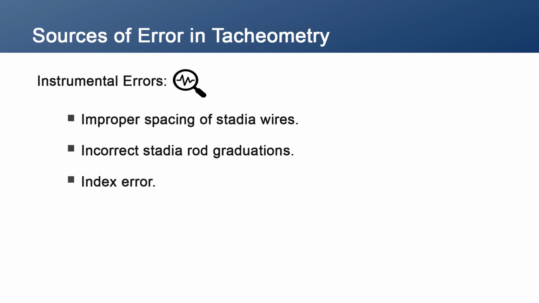Errors can significantly impact the accuracy of tachymetric surveys, and they often stem from a variety of sources. Instrumental errors are common, including improper spacing of stadia wires, incorrect graduation on the stadia rod, and index errors. These issues can lead to inaccurate readings if not carefully checked and corrected.